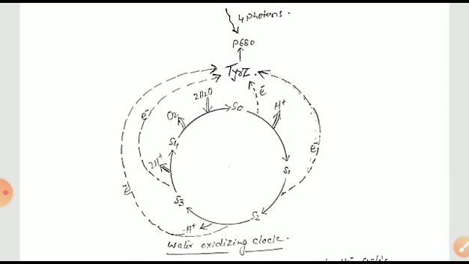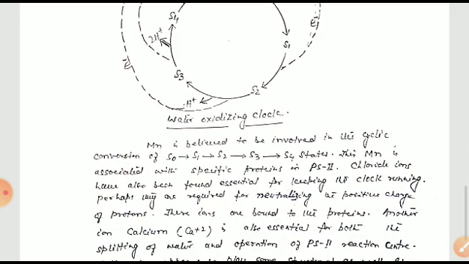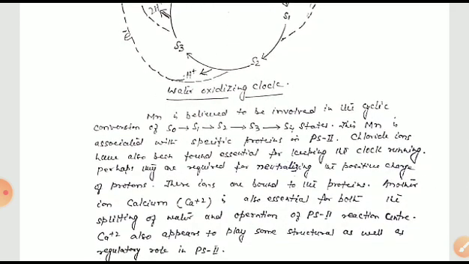and fills up the gap created by the ejection of electrons by the chlorophyll molecules of P680. Now, it is also believed that manganese is involved in the cyclic conversion of S0 to S4 states, and this manganese is associated with a specific protein in PS2.